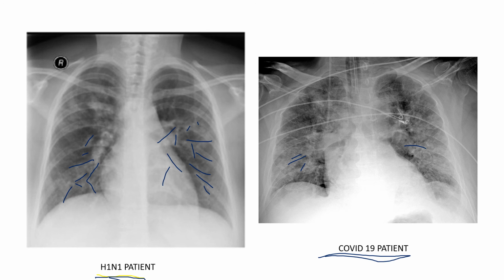And I have a comparison coming up soon. But so you're sort of seeing that these viral pneumonias can be very, very encompassing throughout all the lung regions. It doesn't usually just attack the right lower lobe. It doesn't usually just attack an upper lobe.